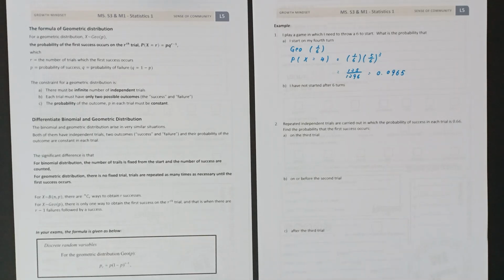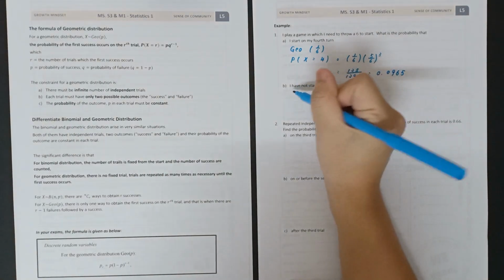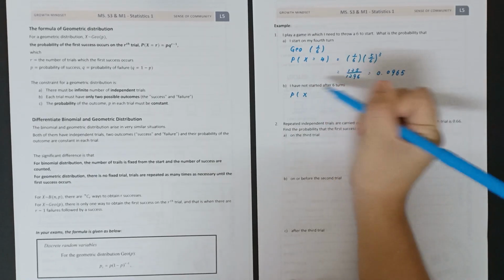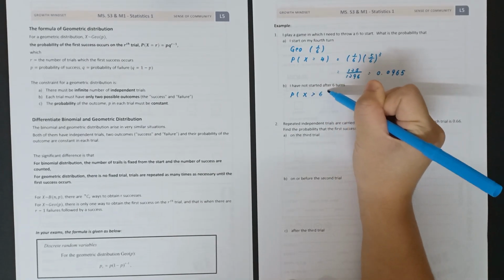Okay, part B: I have not started after the 6th turn. What does that mean? If I have not started after the 6th turn, that basically means that for the 6 turns, every time I get a failure. So the probability for me to not start after the 6th turn is the probability that my first success is more than 6.